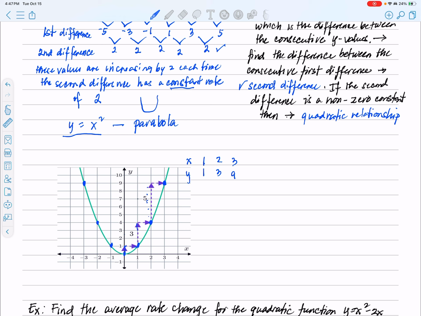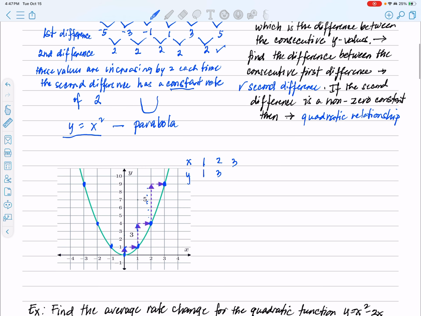So that means that x is increased by, this is 5. That's the y value. This one right here, I'm talking about this. I will regard this y value as increased by 2.